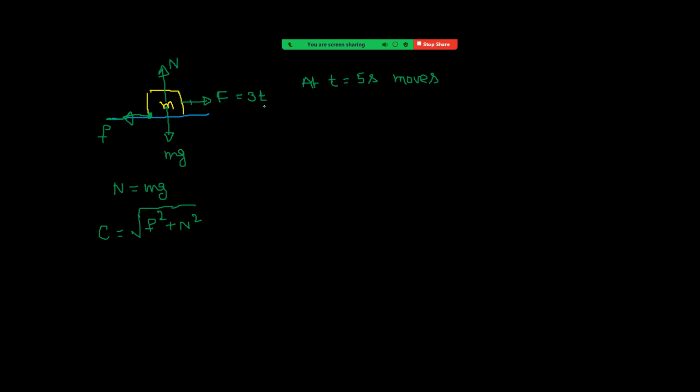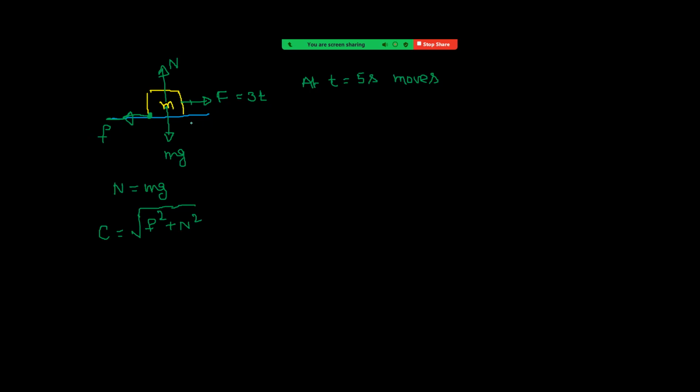If t equal to 2 seconds, this becomes 6 Newton, then friction also becomes 6 Newton. If t equal to 3 seconds, this becomes 9 Newton, and friction also becomes 9 Newton. Like this, up to t equal to 5 seconds, friction is equal in magnitude to the applied force. Magnitude means the directions are opposite. So when the block is about to move, this will be equal to 15.